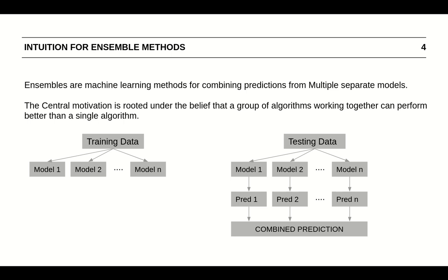So let's say by some way we are able to create multiple models, each a little different. We'll get to the details of how we develop these multiple models a little later, but for now, think of each of these models as a different decision tree, all built on the same data.